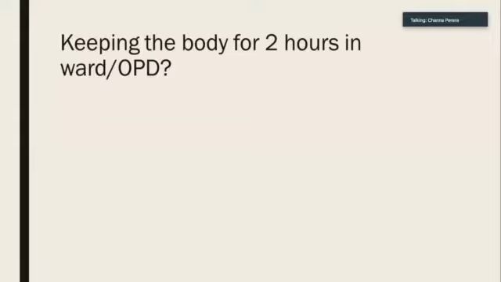So that's why we keep these bodies for 2 hours. But certainly, if the patient is fixed to monitors, then of course you are certain that the person is dead.